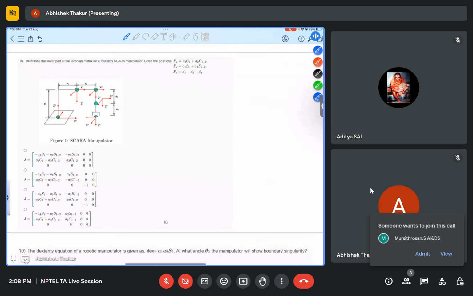Now moving to the next question again. In this question, it is asking to find the Jacobian. So we can find it like how we found it for the previous question.